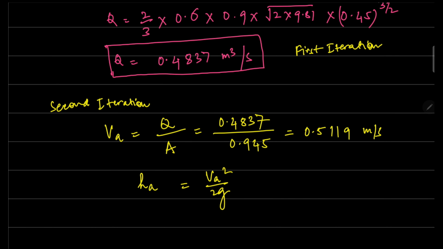Corresponding to this velocity, we figure out the head, that is Va square divided by 2g. We are using g equal to 9.81. So this answer comes out to be 0.013 meter.